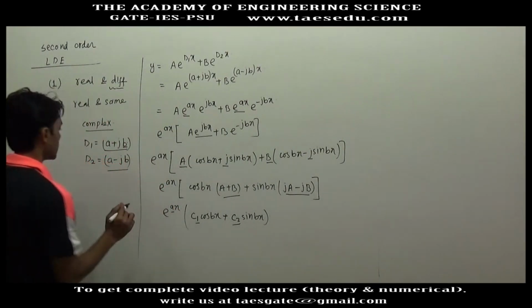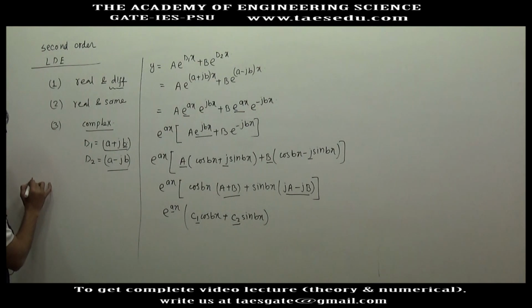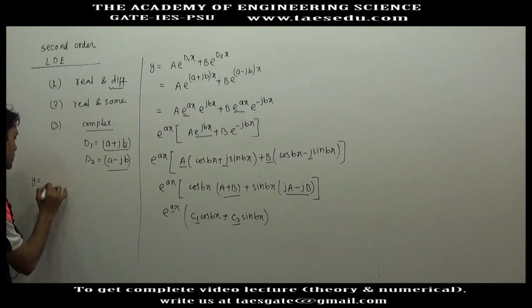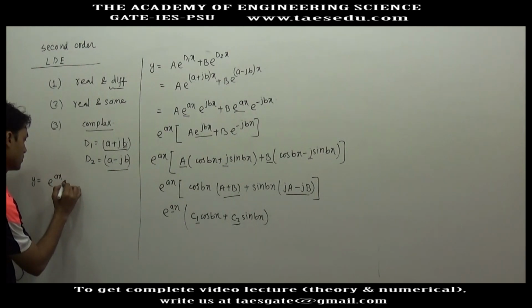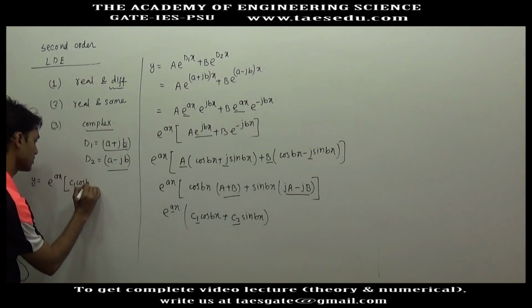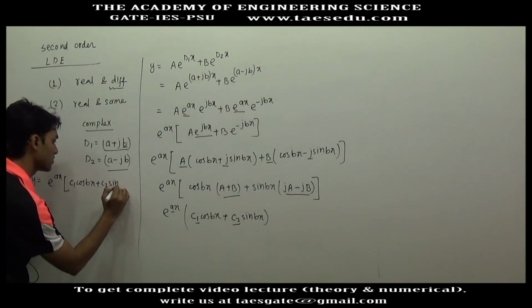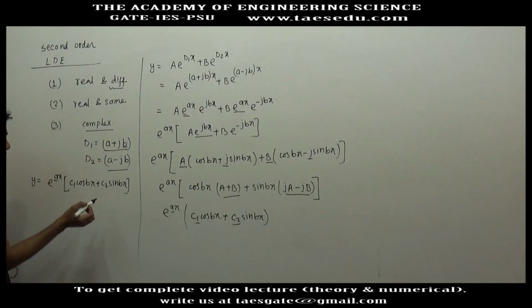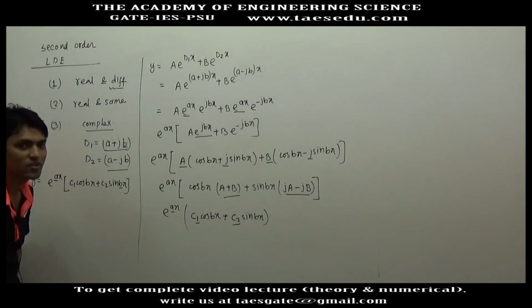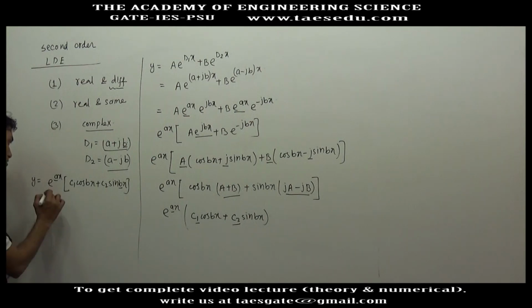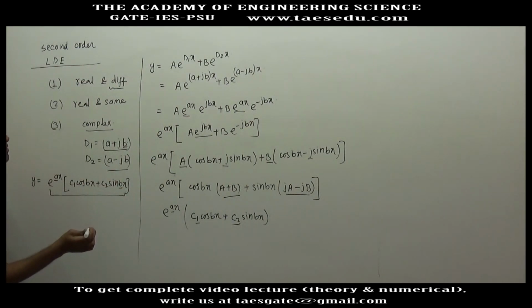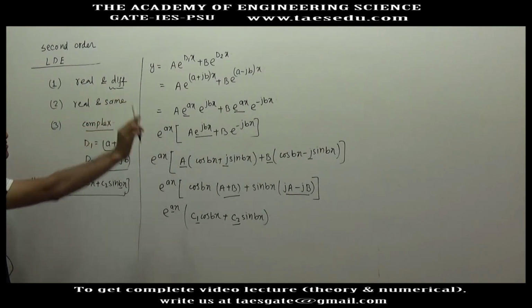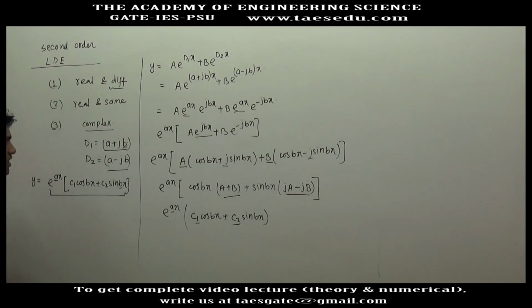So the general solution for this type of differential equation is e to power ax into (c1 cos bx plus c2 sin bx), where a is the real part of d and b is the imaginary part. This can also be verified from the solution of the differential equation, and also by Laplace. I am not doing it; I am giving it to you to do.